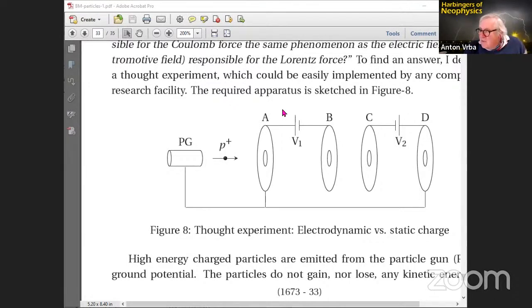So when this particle exits D, the total energy in the system hasn't changed, but I have now transferred energy from V1 into V2. But I don't need to shoot down one particle, I can shoot down continuously.